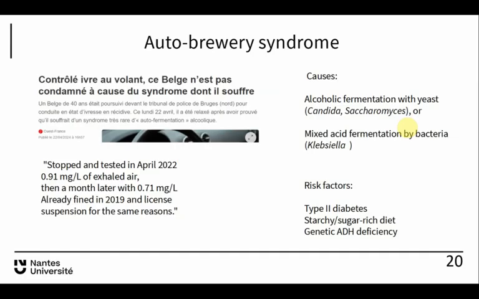So if you've got alcohol dehydrogenase, then this fermentation, if it's at a low level, is not going to cause a problem. But if you're deficient in this enzyme, and you have this alcoholic fermentation going on in your gut, you're going to get the full dose in your bloodstream. So it's more of a problem with people who have alcohol dehydrogenase deficiency. And the only thing you can do is try to avoid this kind of diet.